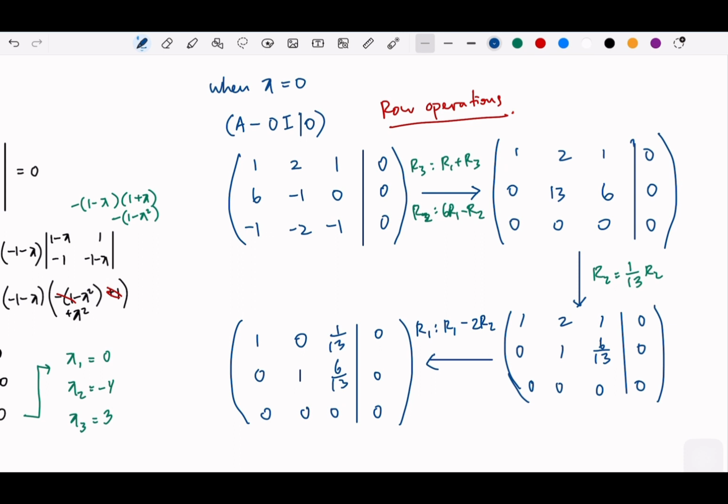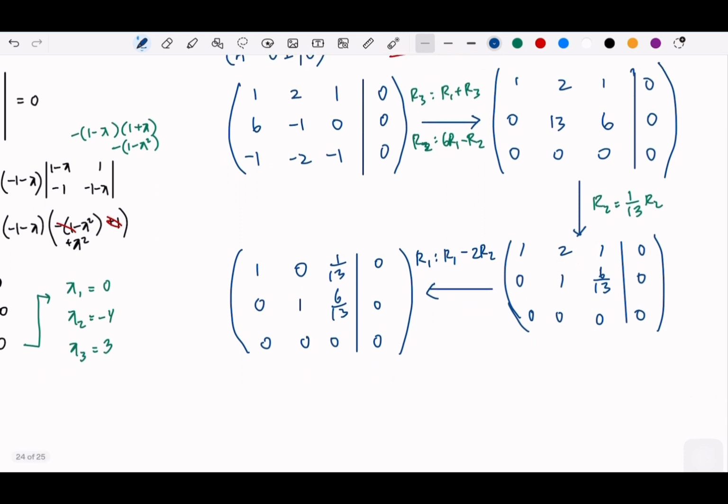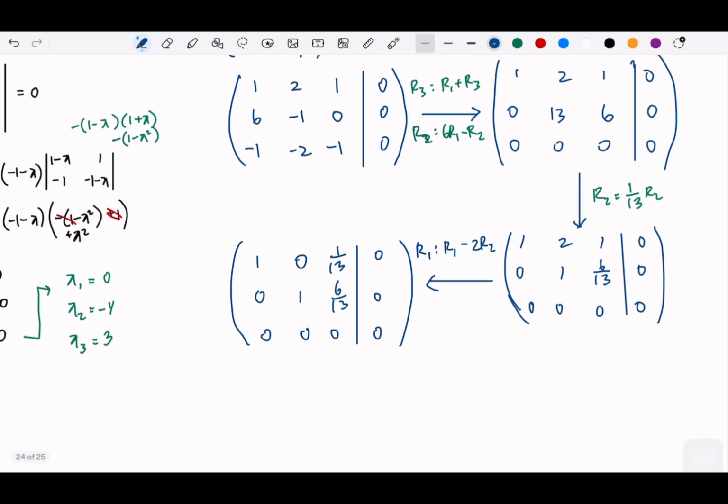Okay, now after we get this, we can see from this particular expression, let me just write the equations.